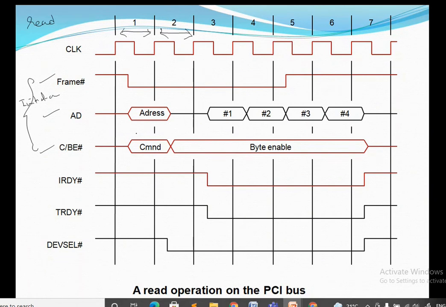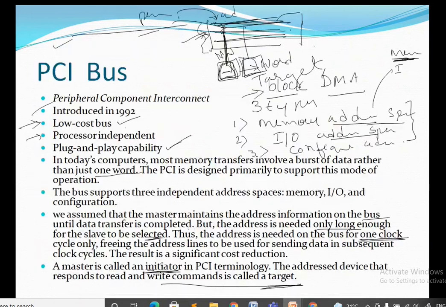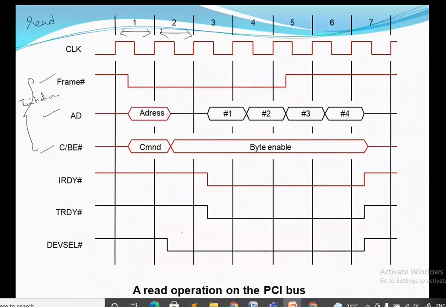I made an assumption that the address is not required for a long time; it can be there for one clock cycle, and by that time the device will be identified. So during clock cycle 2, whatever address was placed on the address line is removed from it.